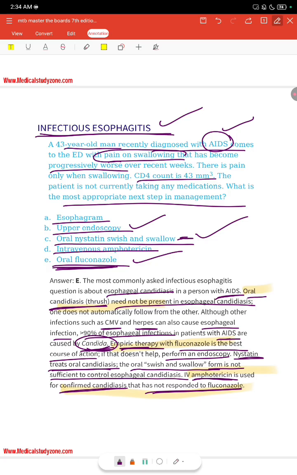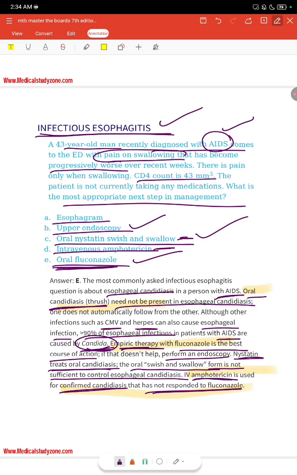And how about intravenous amphotericin? Remember, the question says what is the most appropriate next step in management? We can give IV amphotericin once the candidiasis is confirmed and the candidiasis has not responded to the oral fluconazole.